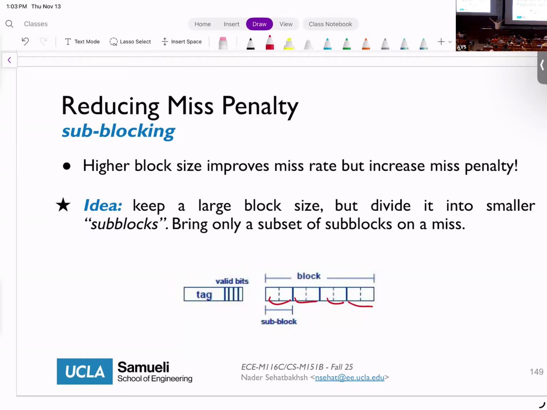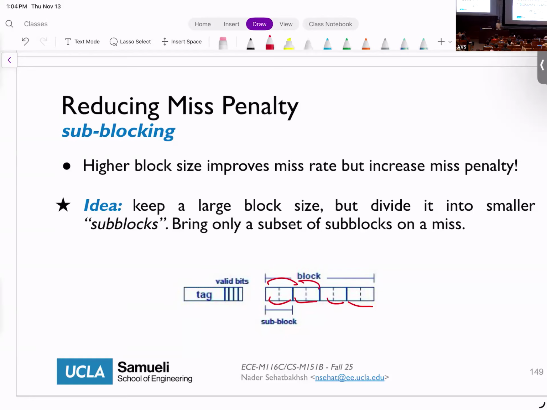So if I really see nice spatial locality, I bring the entire block. If I don't see nice spatial locality, I only bring part of this block, okay? So I have the dynamic capability of either bringing large blocks or only bringing the sub blocks.